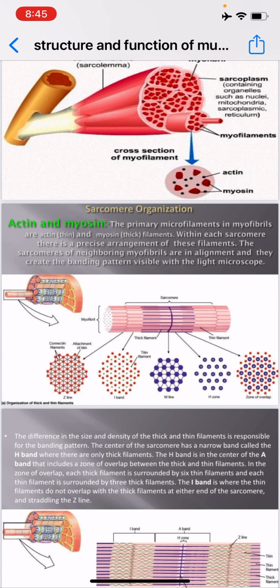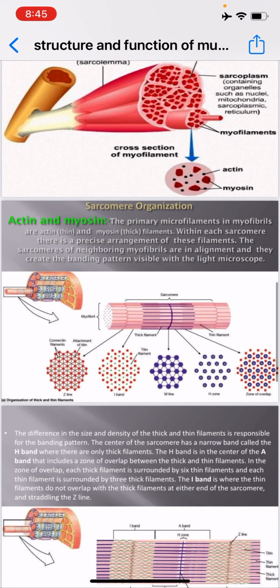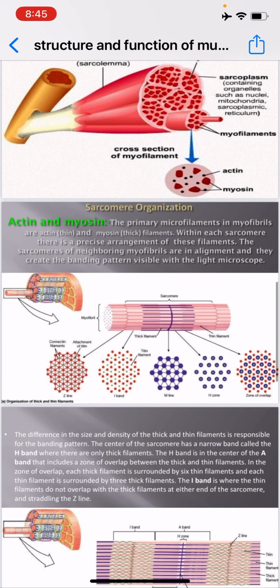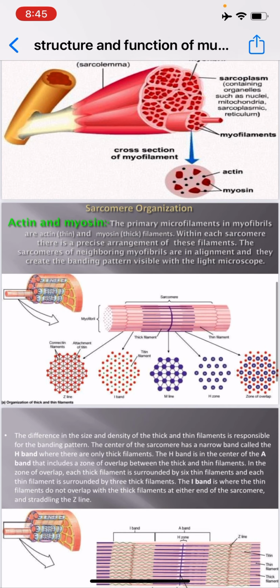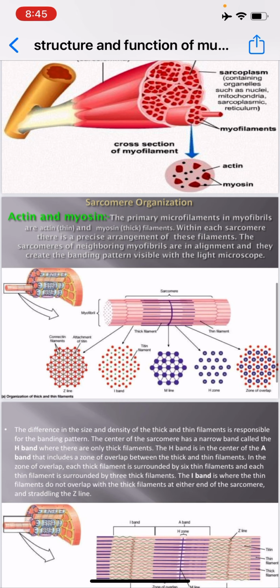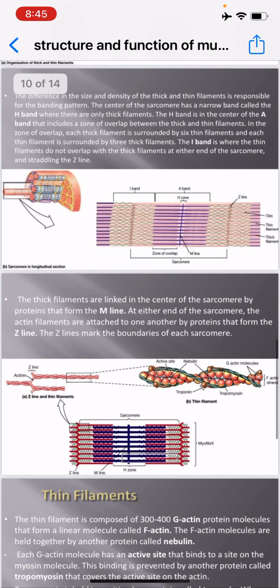The sarcomeres of neighboring myofibrils are in alignment and they create the banding pattern visible with the light microscope. So this is how it is explained here. The difference in the size and density of thick and thin filaments is responsible for the banding pattern.